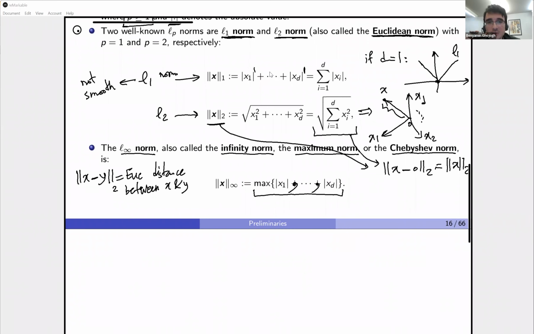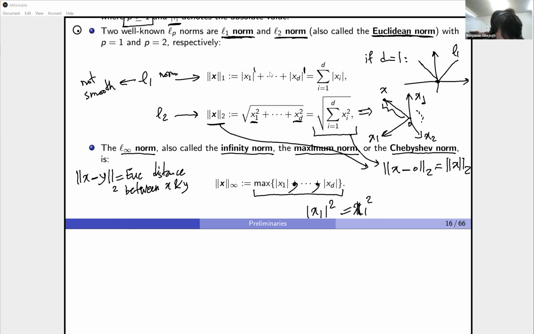Okay, I'll fix that. So you might be wondering why I haven't put the absolute value here. Because the absolute value of x1, squared, is equivalent to x1 squared. You don't need to take the absolute value for a square, right? When the power is even, an even number.